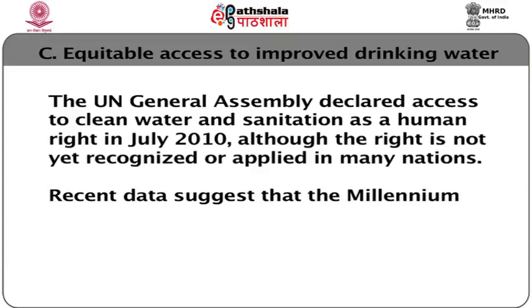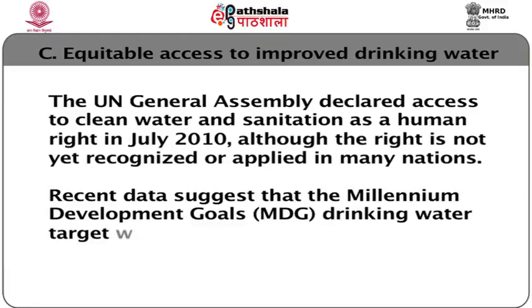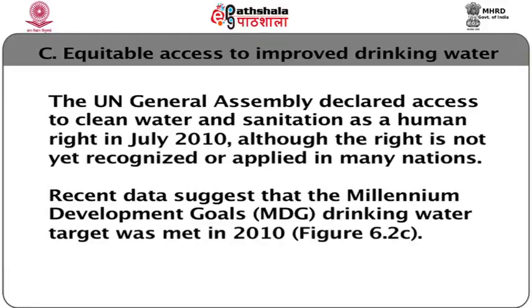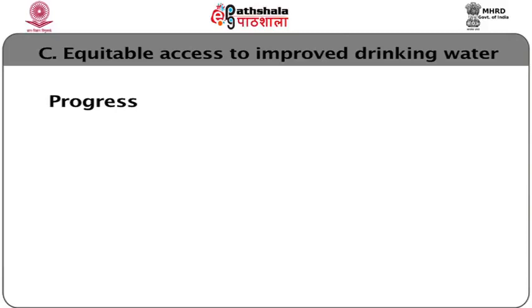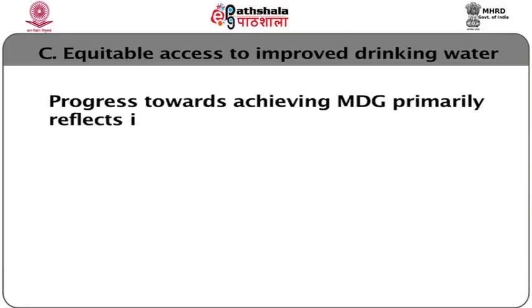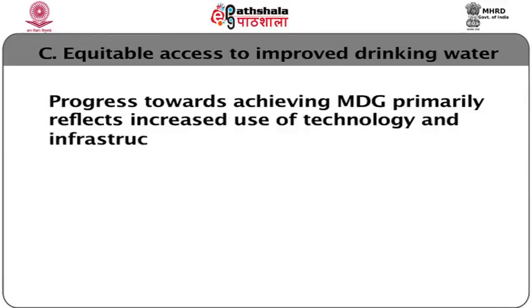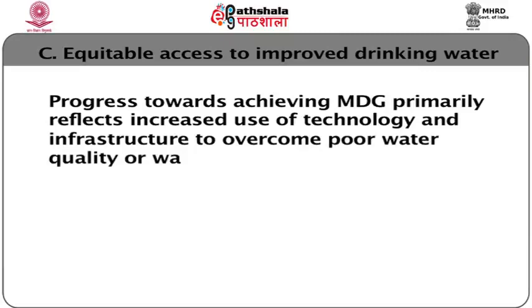Recent data suggest that the Millennium Development Goals drinking water target was met in 2010. Progress towards achieving the Millennium Development Goal primarily reflects increased use of technology and infrastructure to overcome poor water quality or water scarcity.